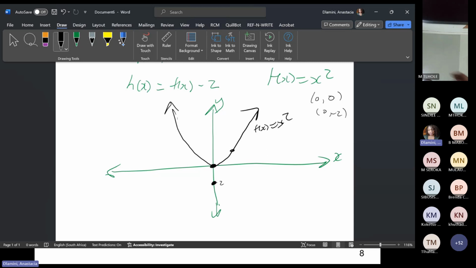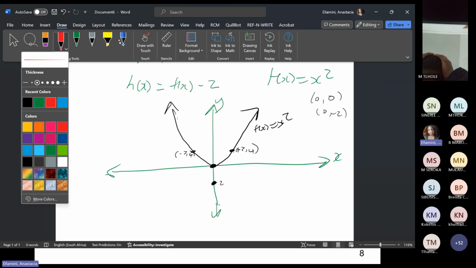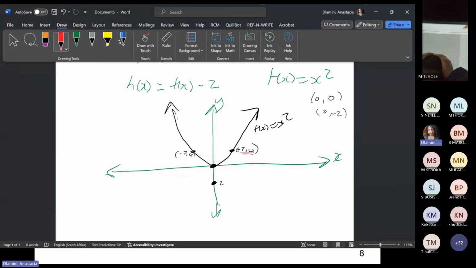Meaning that the y value here, let's choose that one, negative 2 and 4, and positive 2 and 4. If we shift it down by 2, this will be negative 2 and 2, and 2 and 2.